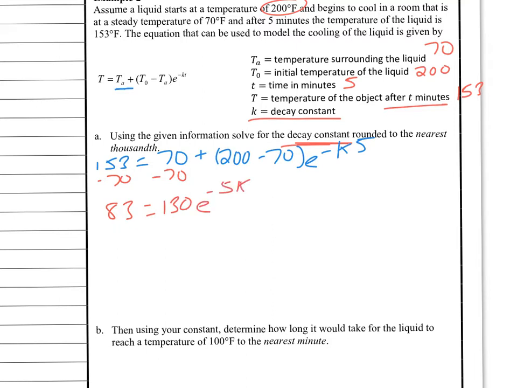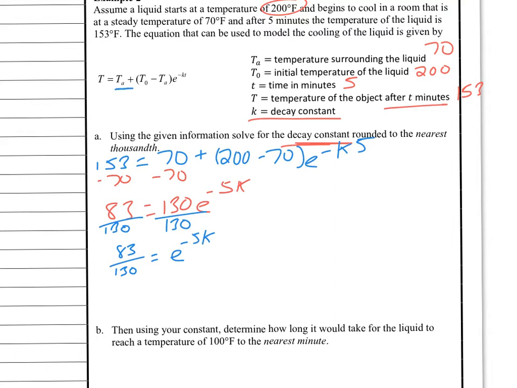Now this is a problem that you've solved before. Looks pretty familiar to you, or at least it should. We have to get it so that it's pretty much the base of the exponent alone, and then we're going to change it from exponential form to logarithmic form. So we divide by 130. So we have 83 over 130 equals e to the negative 5k.